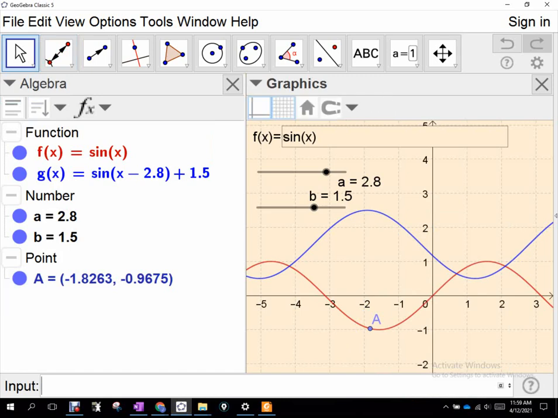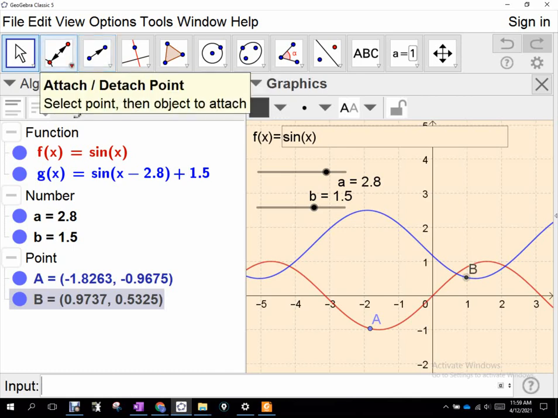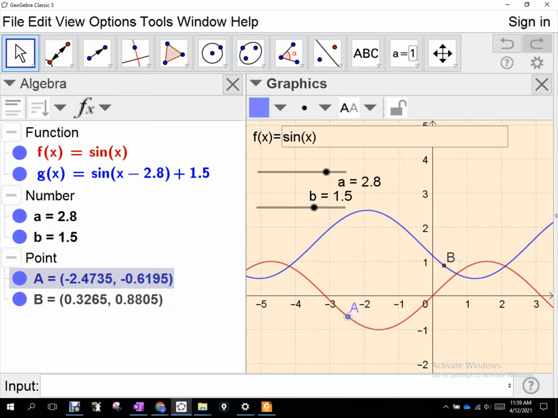I'm going to say take the x value of point A, and let's add 2.8 to it, comma, the y value of A, and let's add 1.5 to it. Okay? And now as I move point A, point B moves along the blue curve the same way, right?